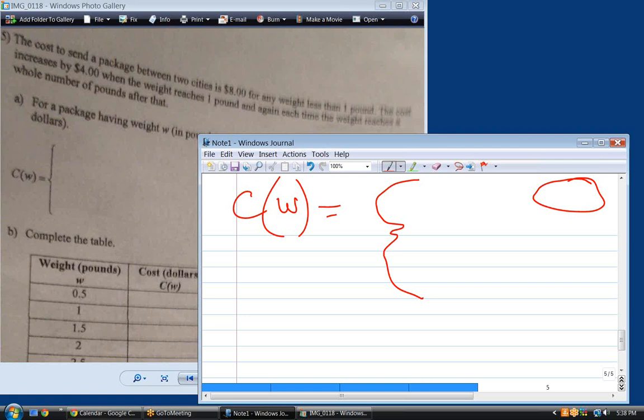Okay, first of all, we're going to end up with a graph where W is the horizontal axis and C of W is the vertical axis. So first of all, can W be negative?